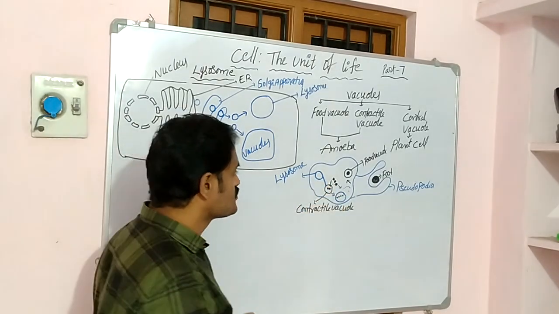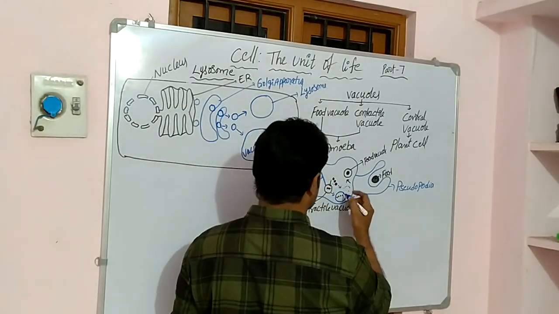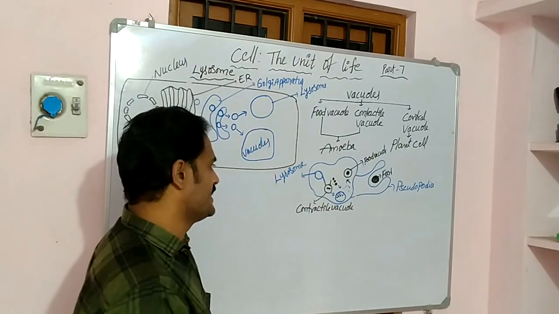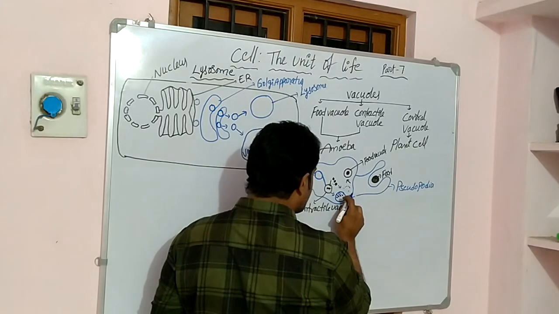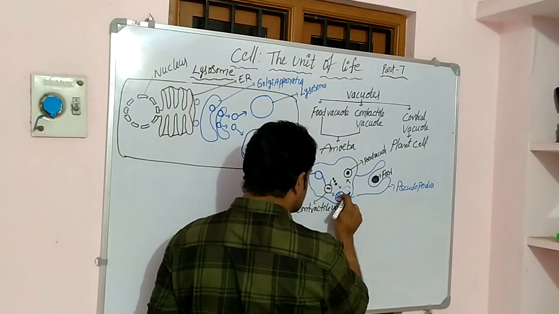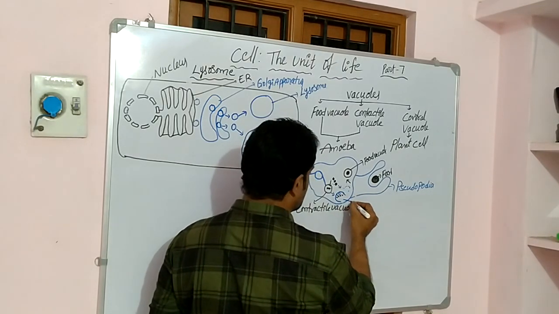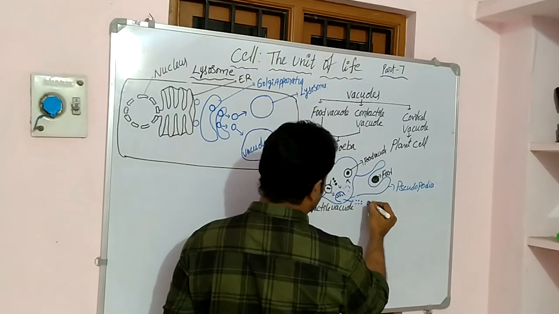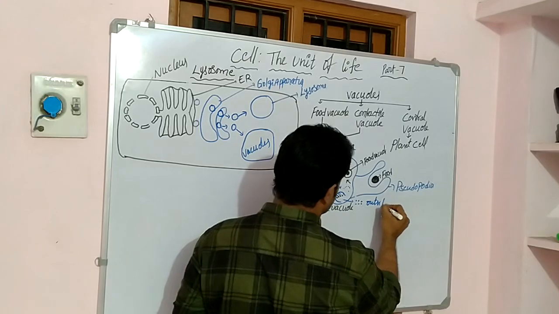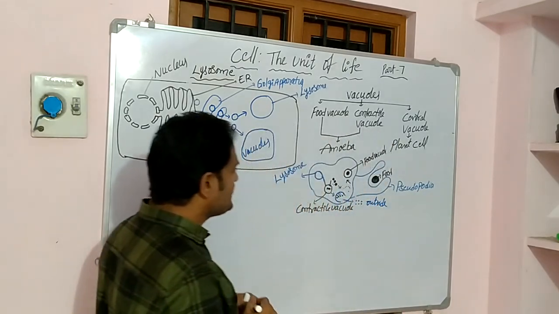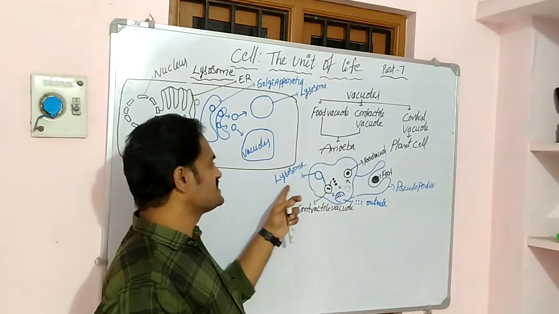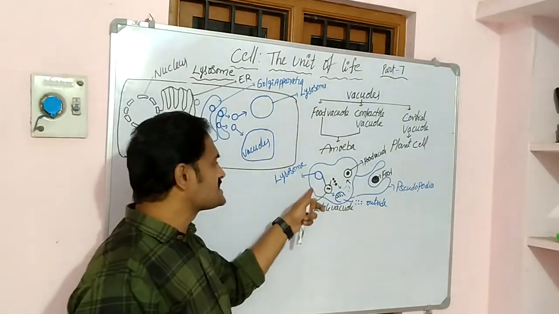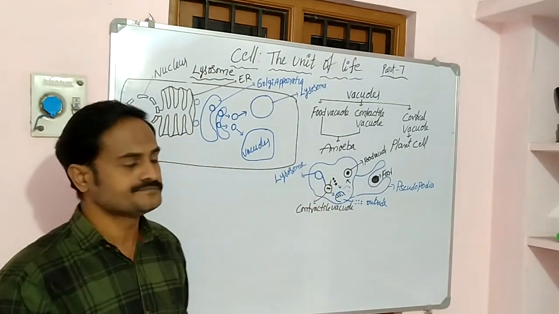Then the lysosome releases some enzymes on that. With the help of these enzymes, the waste substances present in the contractile vacuole are eliminated to the outside. Like this, the process is noticed in the contractile vacuole which is present in the amoeba.